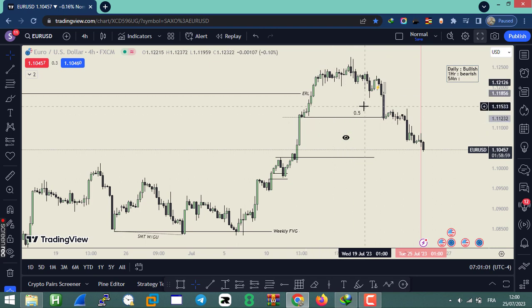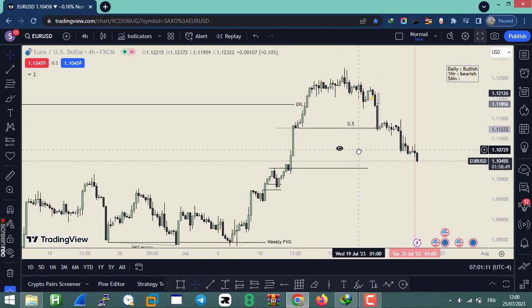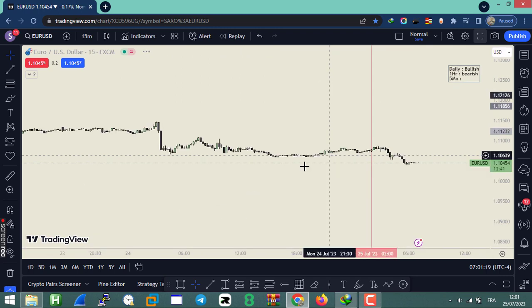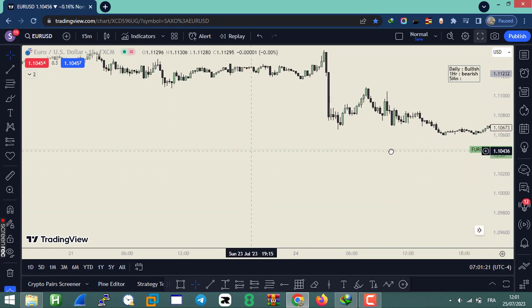So this is the idea of going short, and the market structure shift is just the how we're going to make it to this fair value gap. All right. So when you have a target, you are already anticipating a market structure shift in the future. Now let's go back to the 15-minute chart.